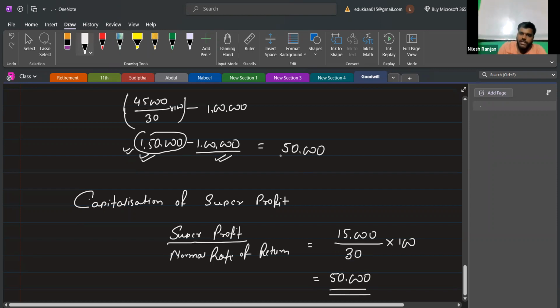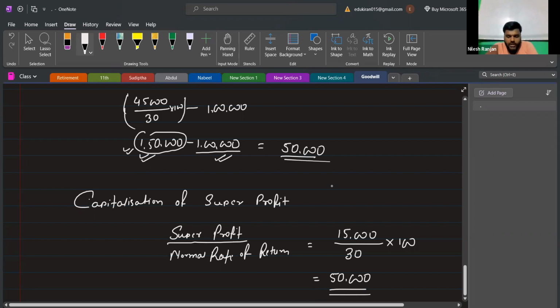Now you can see the answer in both situations is the same. There is no difference. So whatever formula you are using, either capitalization of super profit or capitalization of average profit, the answer will be the same.